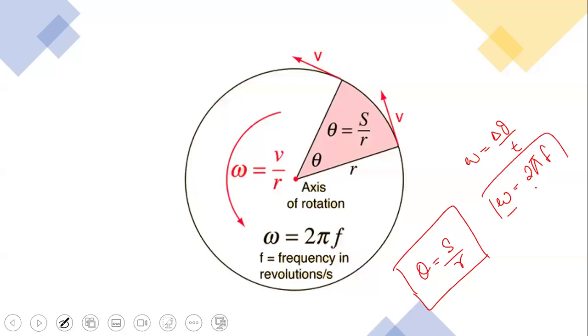Both of these are formulas for angular velocity. Then we have velocity is equal to r omega. So these are the four formulas that we have covered so far. I hope there's no confusion, right? So far, it's all clear. Yeah, I think so, yeah.